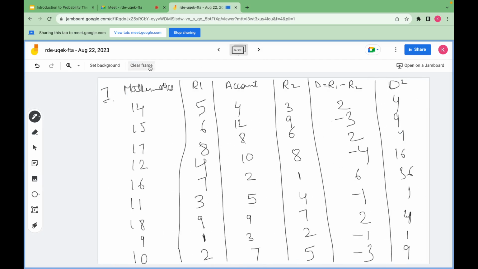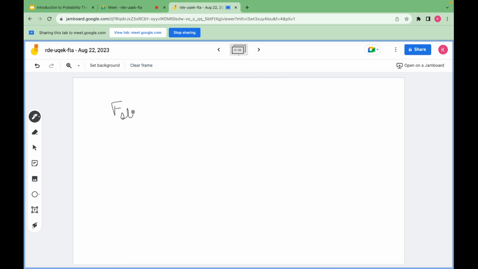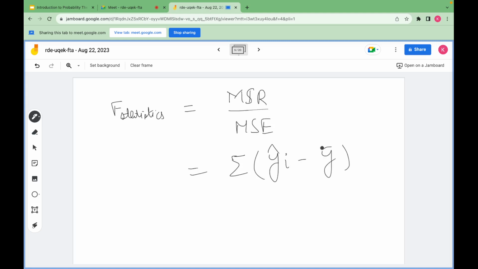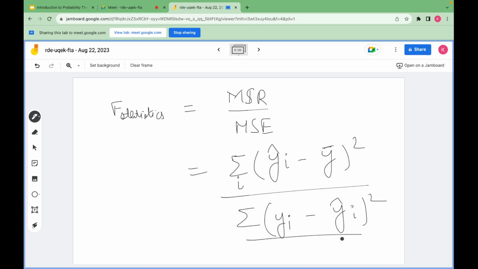Now we will find our F statistic, which is MSR divided by MSE. This is the summation of predicted value of y minus y average, divided by the summation of actual values minus predicted values whole square divided by n minus 2.